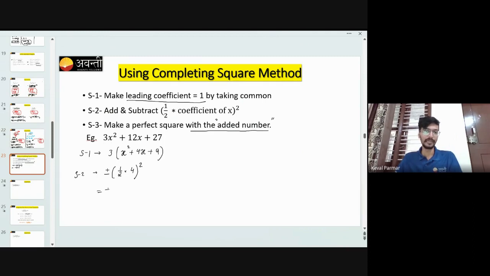Meaning, I have to add and subtract 2 square. That means I have to add and subtract 4. So if I add and subtract 4, my quadratic will become x square plus 4x, I will add 4, I will subtract 4, and this is plus 9 as it is.